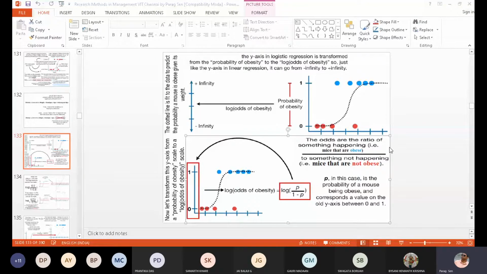Now the y-axis in logistic regression is transformed from the probability of obesity to the log odds of obesity. So just like the y-axis in linear regression, it can go from minus infinity to plus infinity.